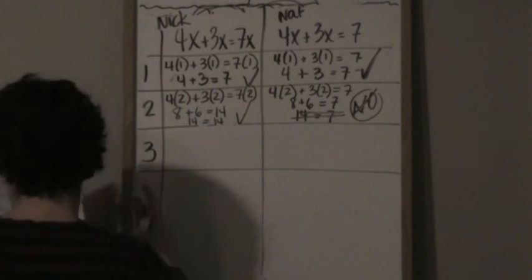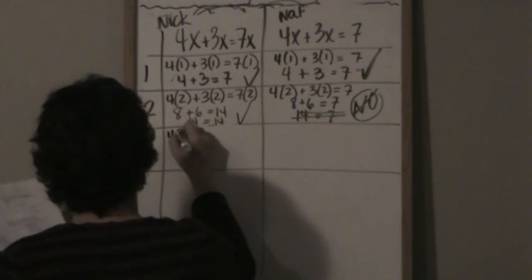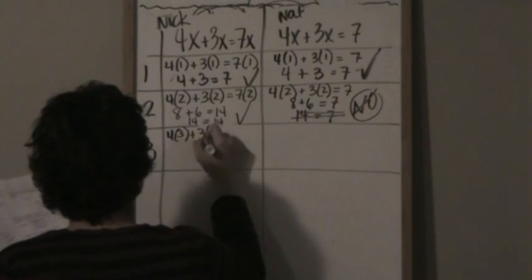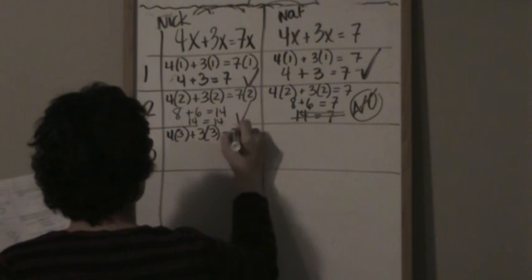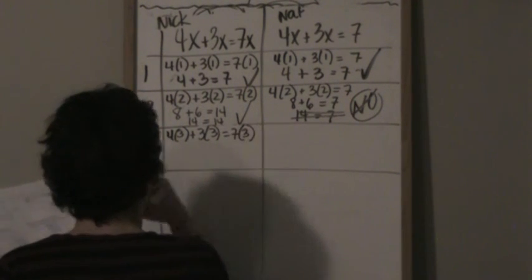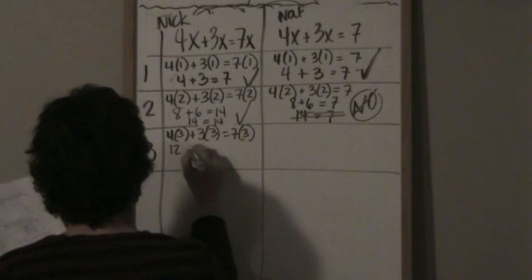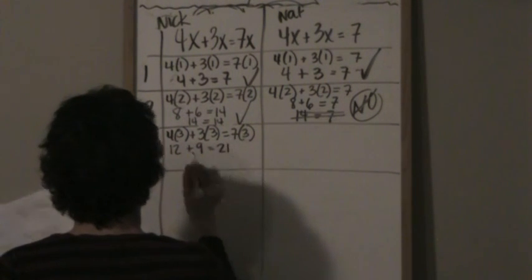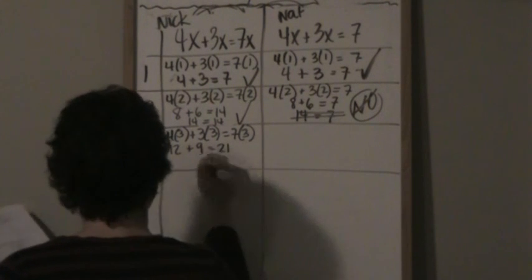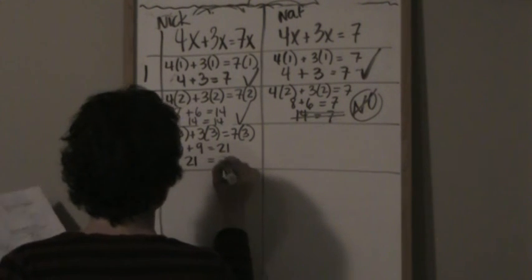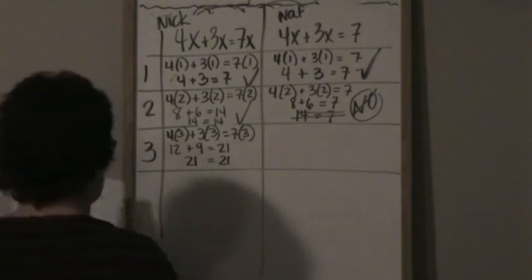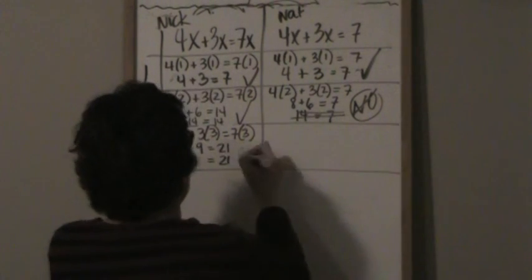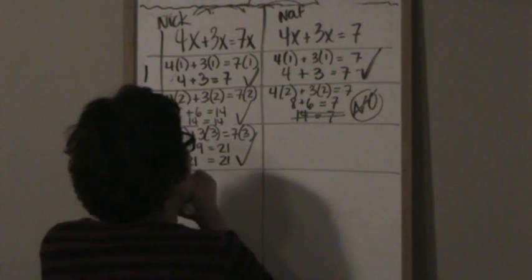Okay, and let's try it for our 3. Okay, 4 times 3 is 12 plus 9 is equal to 21. 12 plus 9 is 21 is equal to 21. Okay, Nick got all 3 of his correct.